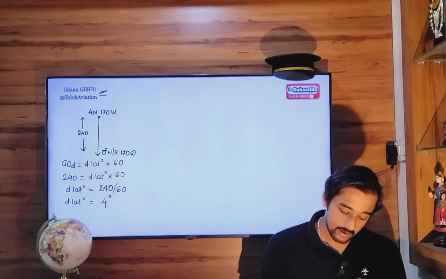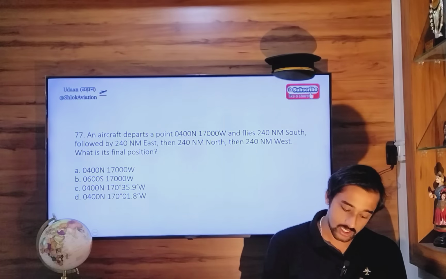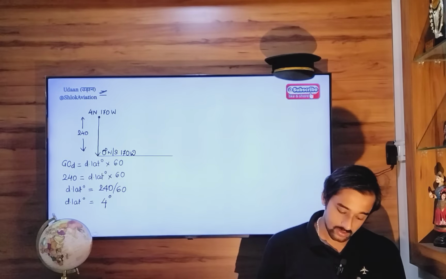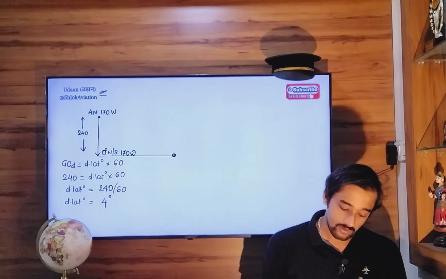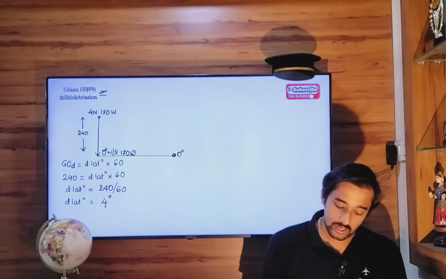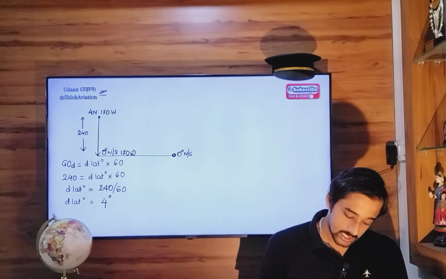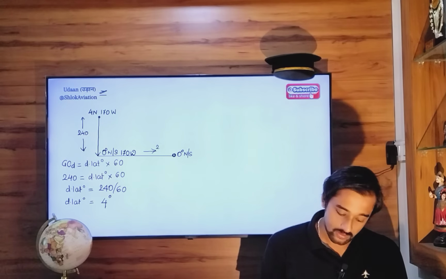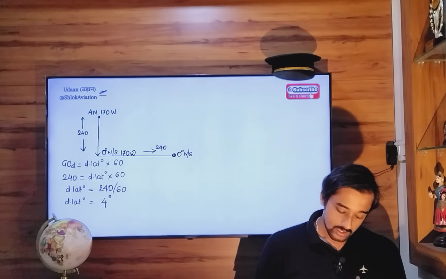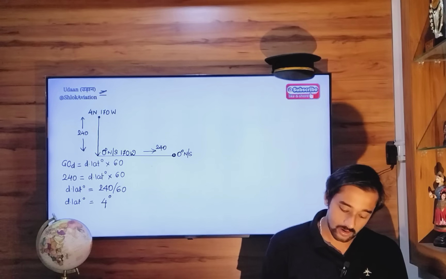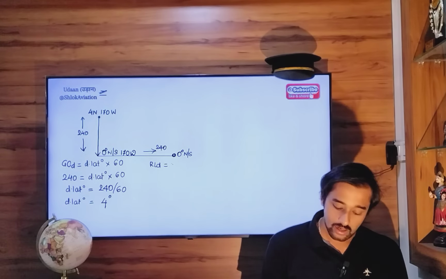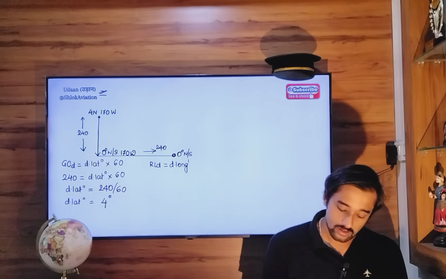Now from here we are traveling in an easterly direction, 240 nautical miles east. So the location will be the same latitude, 0 degrees, the equator. Longitude will change. The distance is 240. Okay, so this becomes your Rumline formula: Rumline distance equals d long in minutes into cos lat.